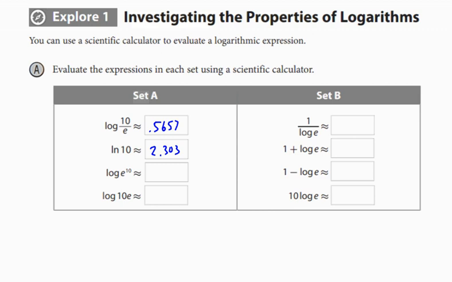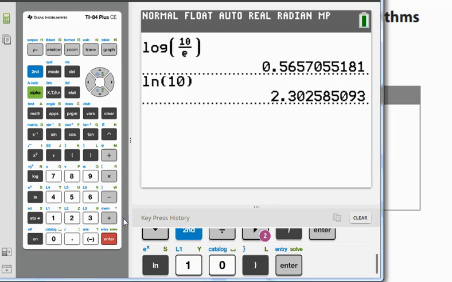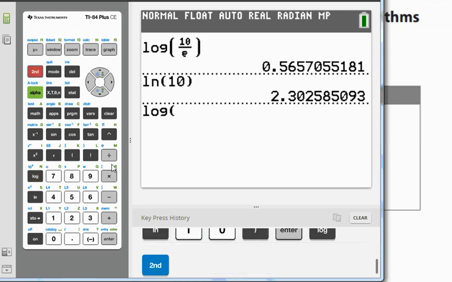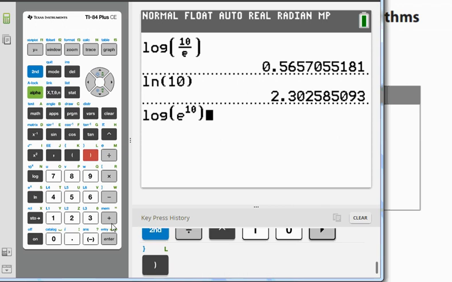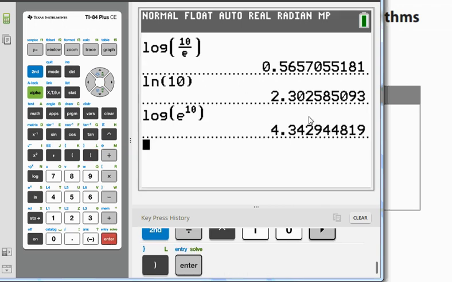So let's look at that. Log of e to the power of 10. There we have it, 4.343.